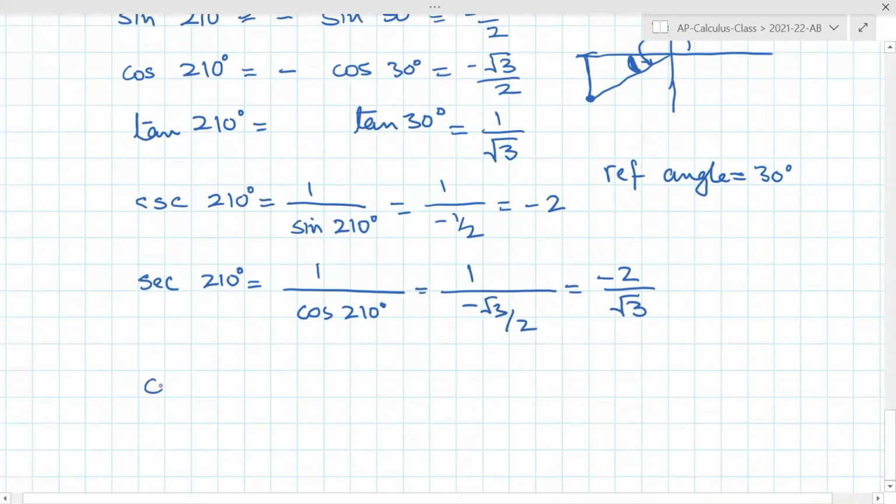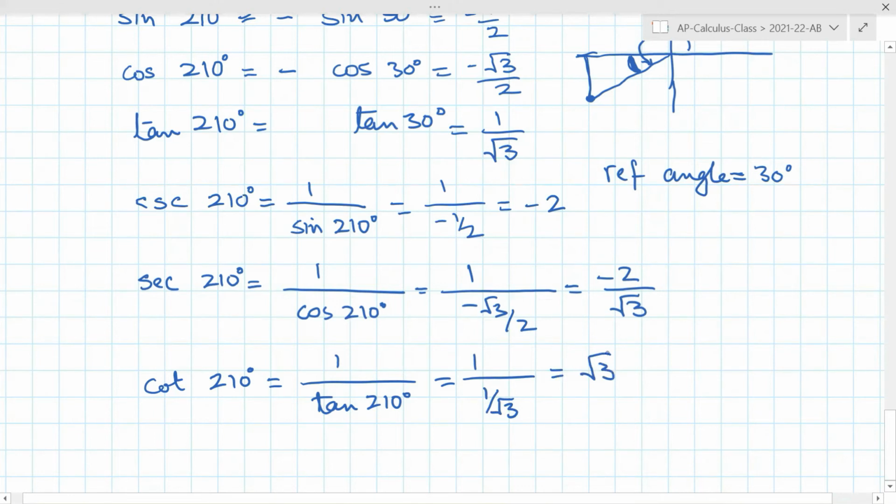And cotangent 210 degrees is 1 over tan 210 degrees, which is 1 over 1 over root 3, which is root 3.